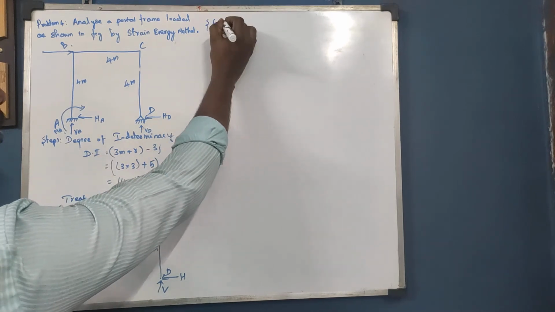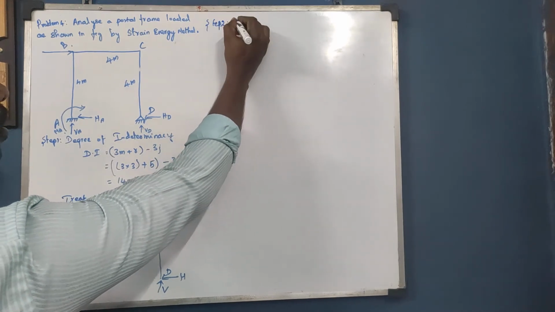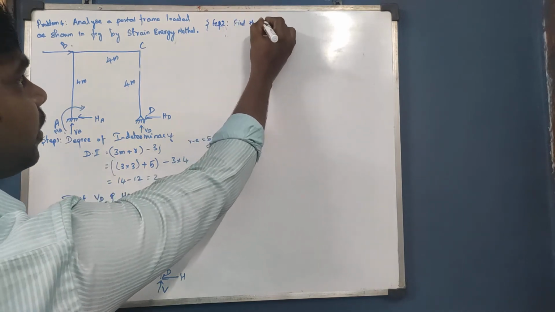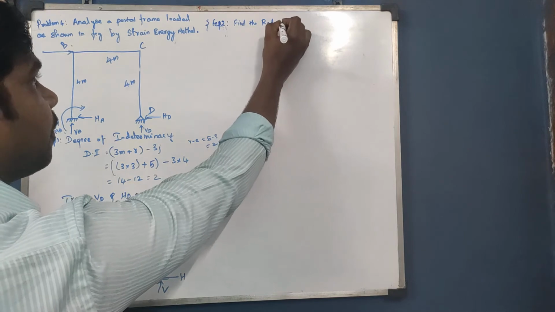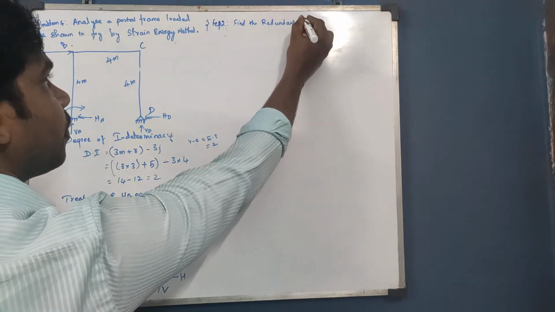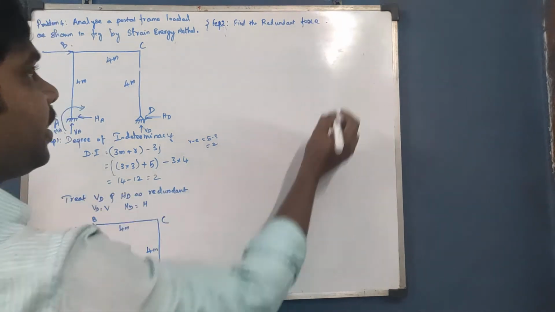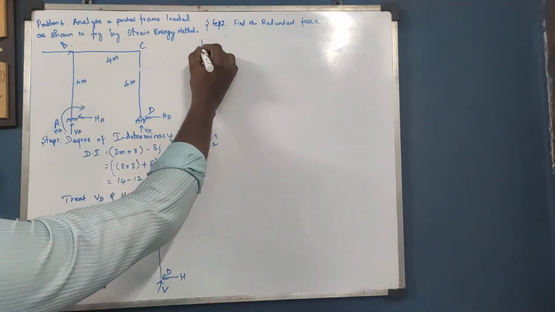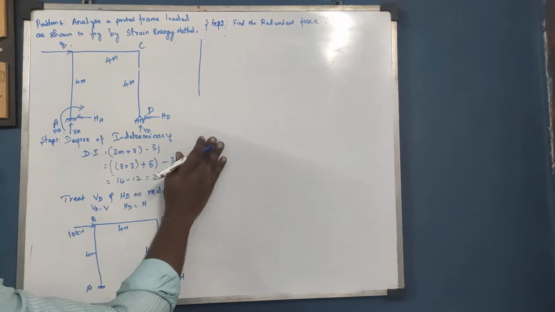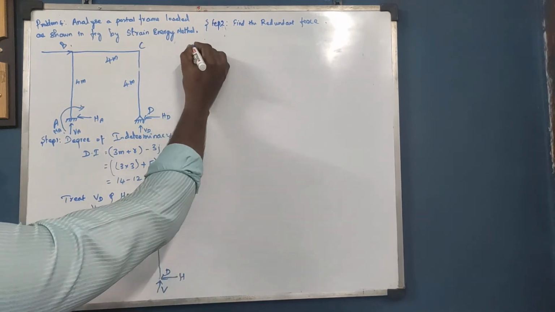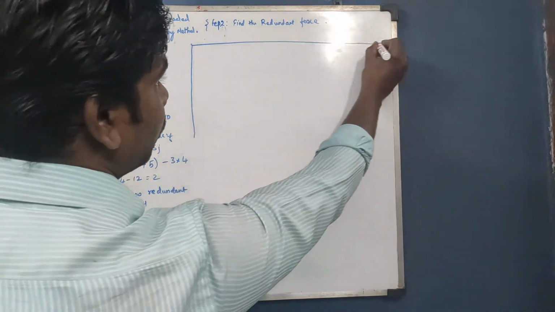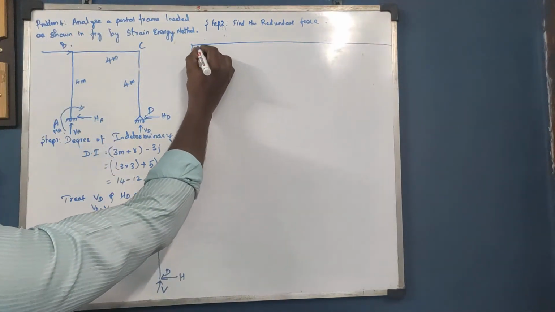So here it is step 2: find the redundant force. For that, we have to put a tabular column.